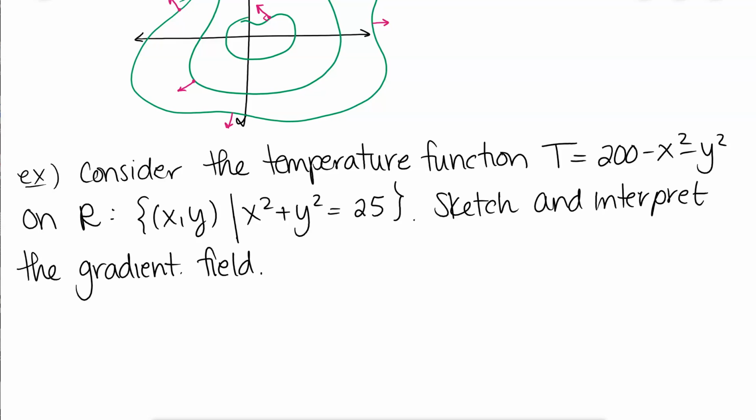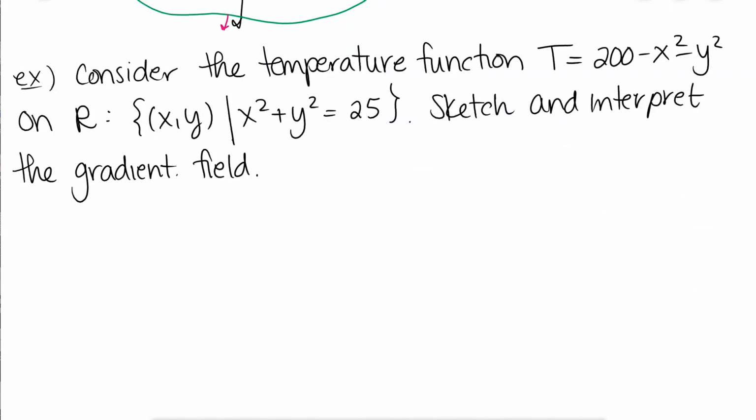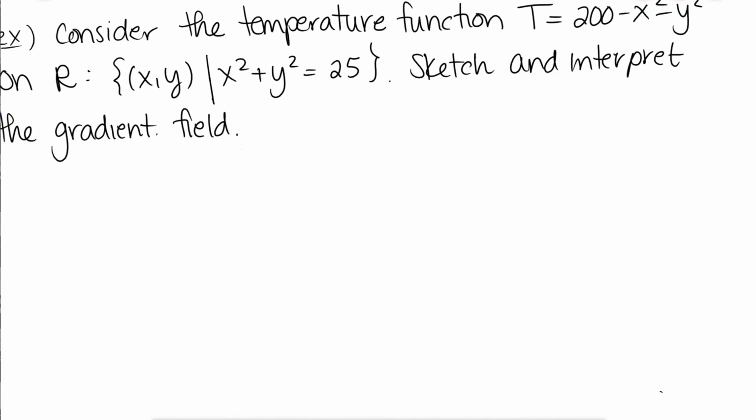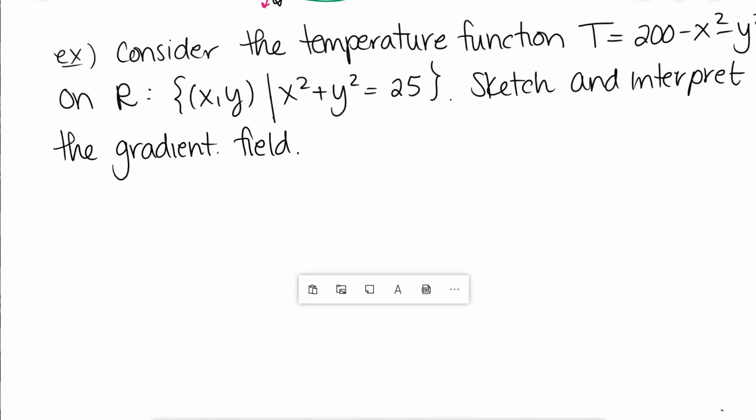Remember, this is a temperature function. Let's say we had a hot plate or something. That's maybe why it's in a circle. And what this gives me is the temperature of that plate at any point x, y on that system.